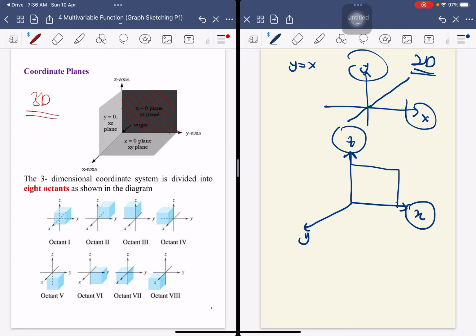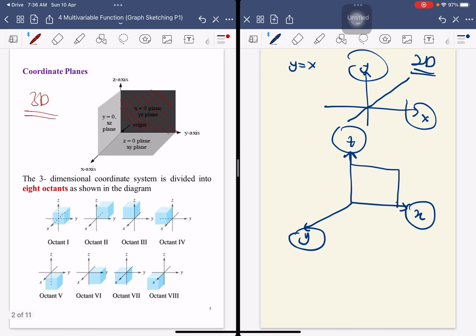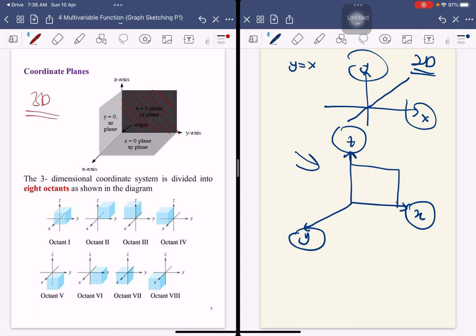So my suggestion is that you can just change the position of the axes. If you are more comfortable drawing in this position of the axes, you can use this position, but you can also instantly change, for example, y, x over here, and z in this position, because we can easily flip the surface, that is, how you view the surface that you're going to sketch.